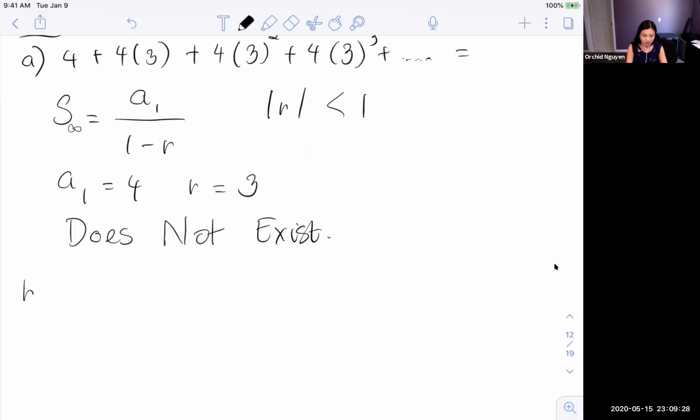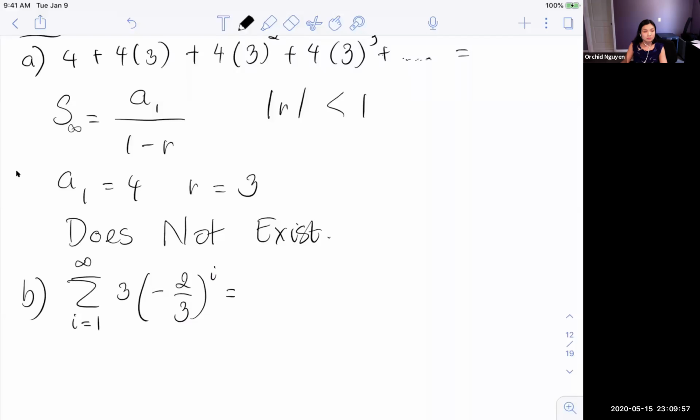Now let's try a different one. So we have the summation, the infinite series. Let's try this problem. You see right there, r in this case, if you take the absolute value, you're going to get something less than 1. 2/3 is less than 1, so we can proceed with the problem.